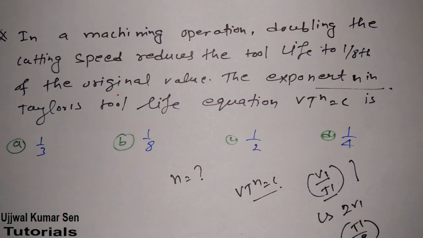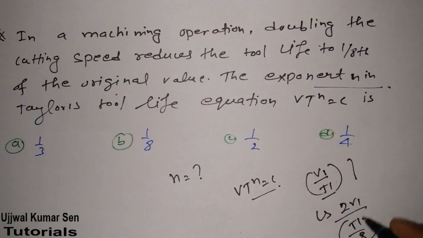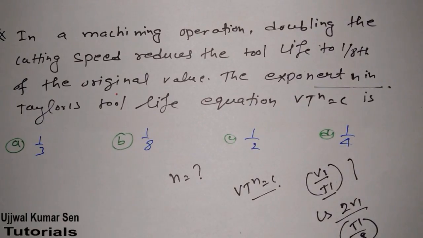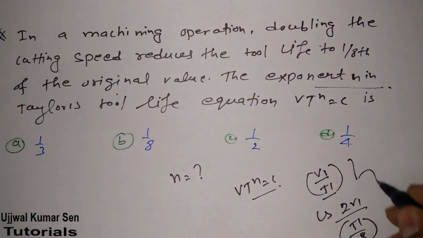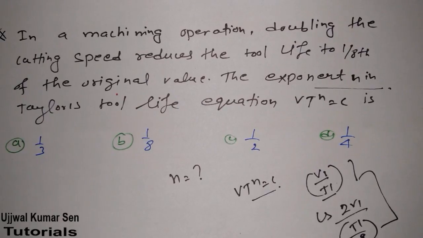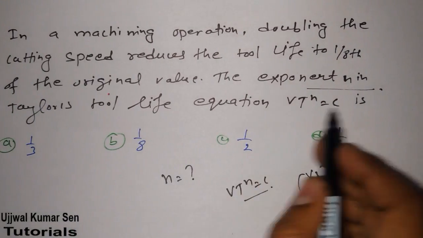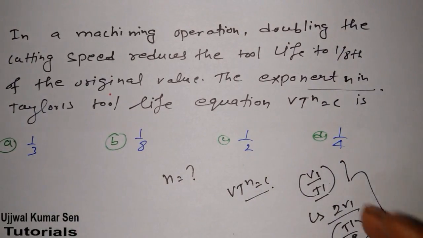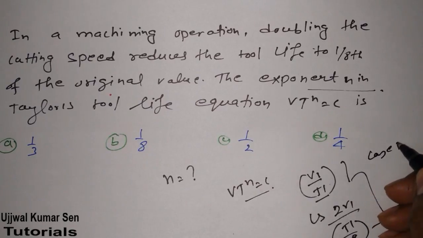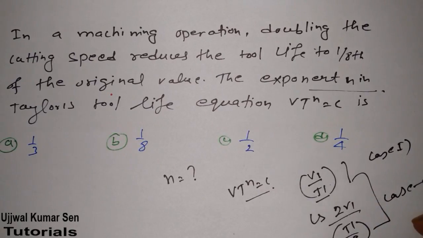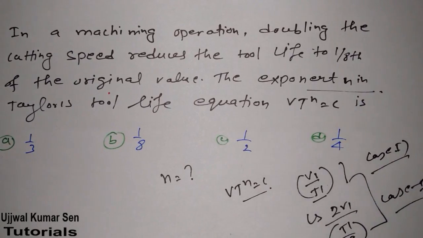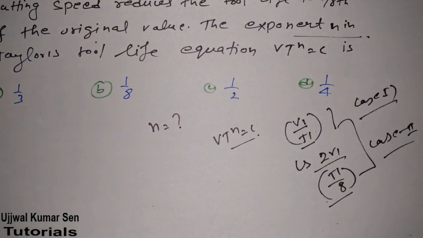Okay, so winter season is going on. So t1 by 8, right? So what we got here, 2v1 and this. So we got 2 cases from here. Now what I have to find out is the exponent n. Okay, so we have to find n. We have 2 cases, case 1 and case 2. By using these 2 cases, we have to find out the value of n.